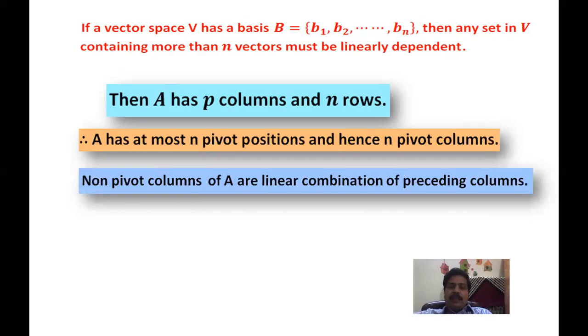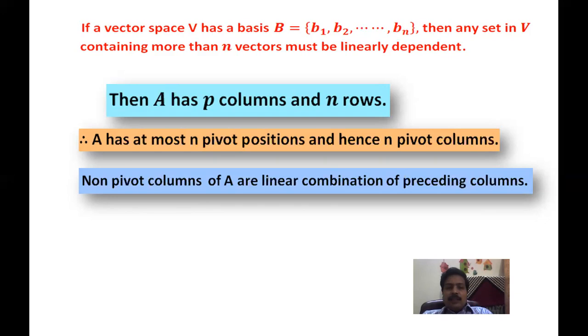Since p is greater than n, there must be some non-pivot columns. But these non-pivot columns of A are linear combinations of preceding columns. We know that every non-pivot column of a matrix is a linear combination of preceding columns. We have proved that in the earlier classes. So there are some non-pivot columns in A, and these are linear combinations of preceding vectors.